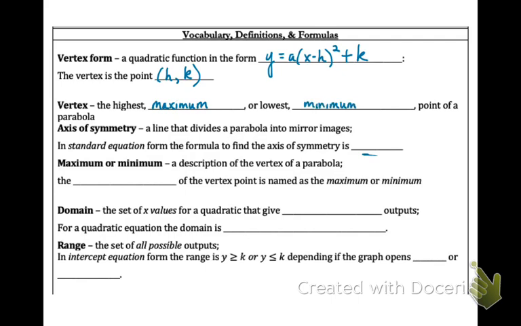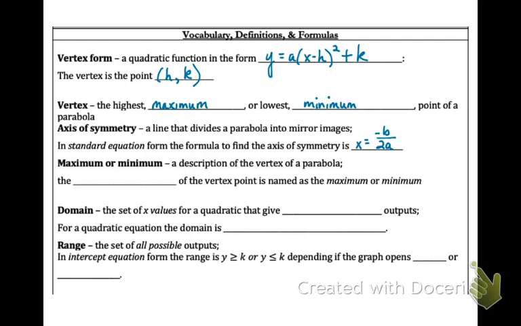When we're talking about graphing quadratics in their shape, which is a parabola, we'll talk about an axis of symmetry. This is a line that divides the parabola into mirror images. In a different form of a quadratic equation called standard equation form, the formula to find the axis of symmetry is x equals the negative of b over 2a.